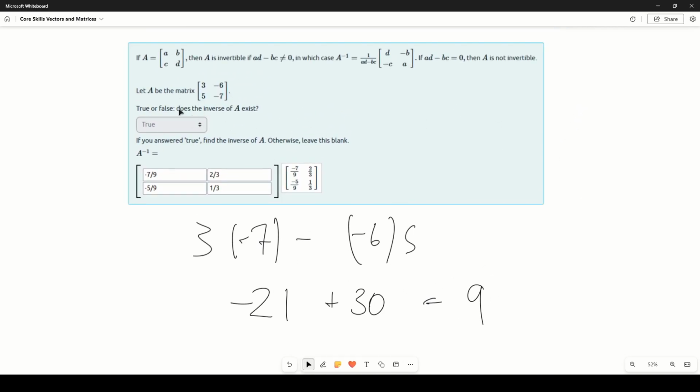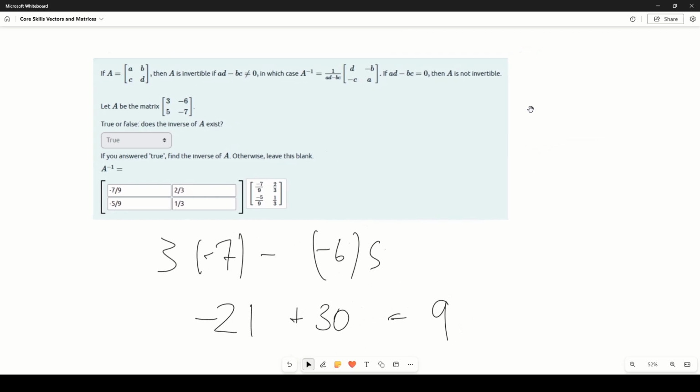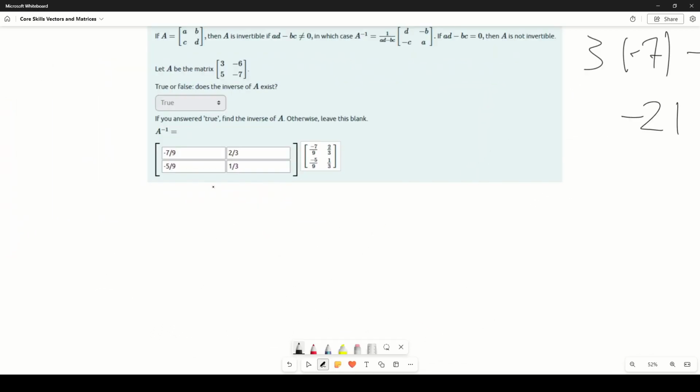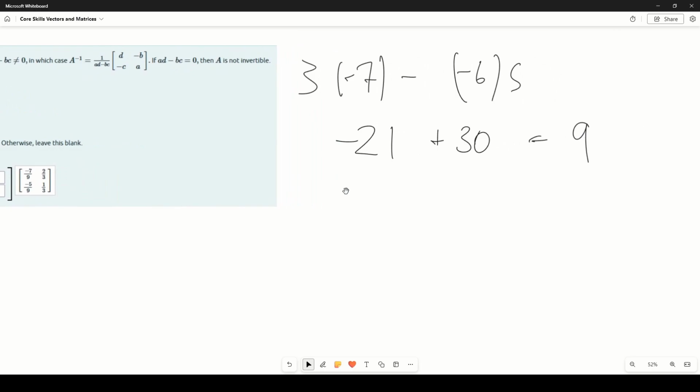Therefore, the inverse does exist. So now we actually have to calculate it, based on what they've given us here. So all we're going to do is, we just calculated what AD minus BC was. It was 9.